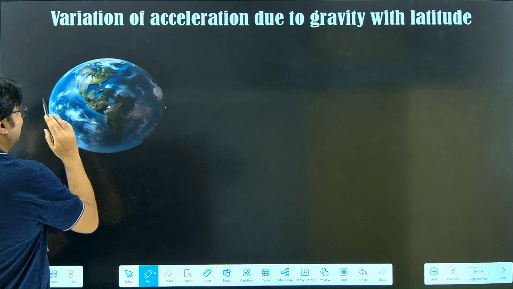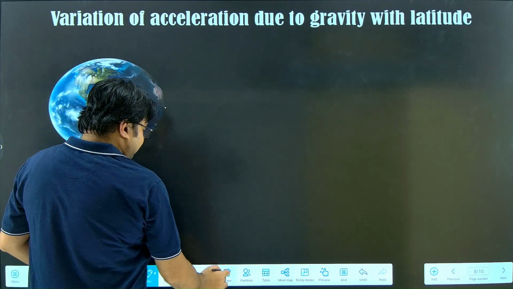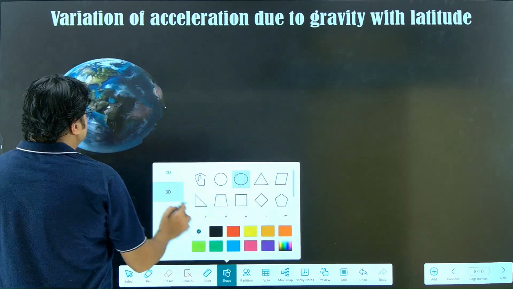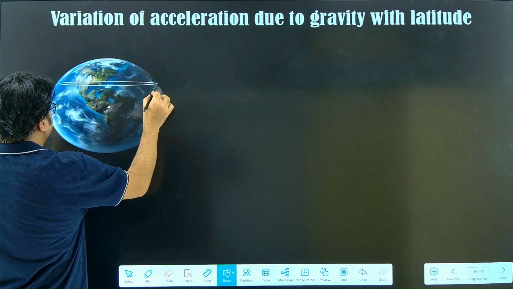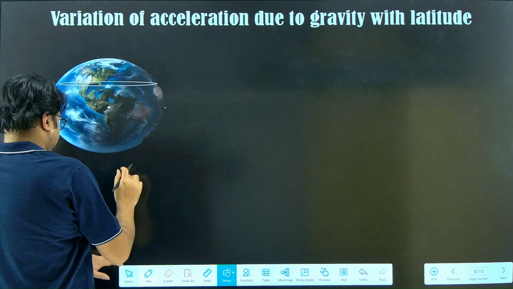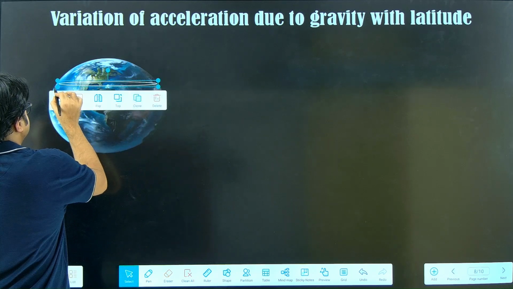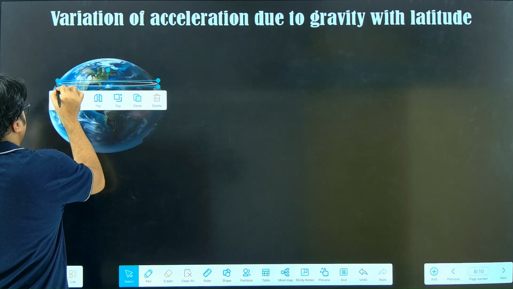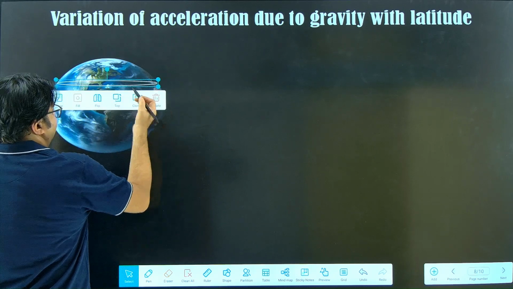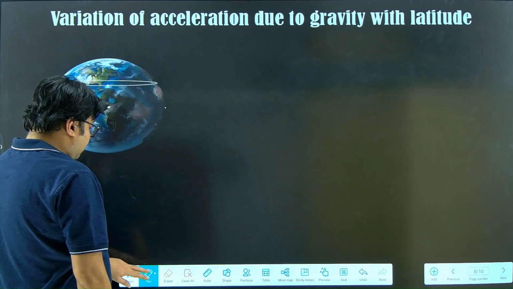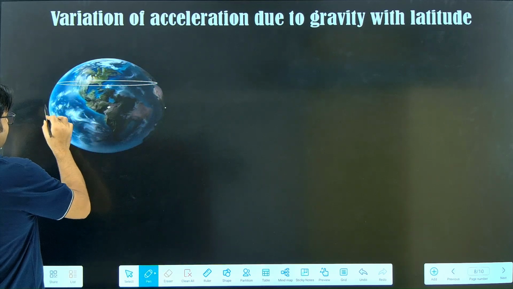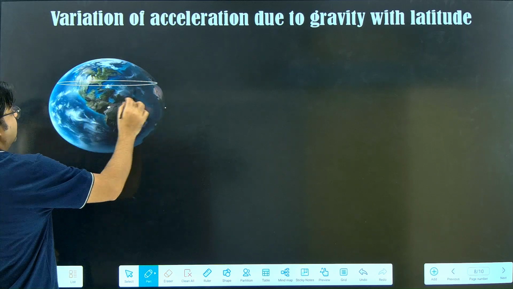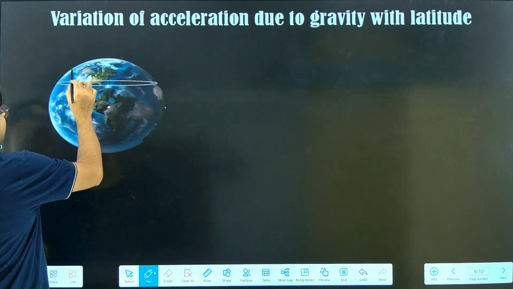But if you are at some other latitude, let's say this latitude, then you are not going in this bigger circle, but you are going along a smaller circle. Here it will be even smaller.